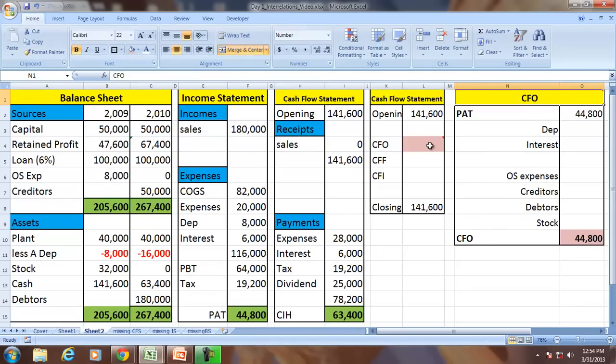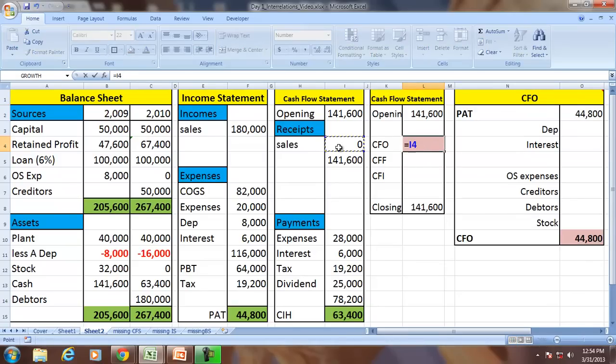In other words, we will try to prepare CFO using the direct method and also prepare CFO by using the indirect method. CFO by using the direct method shows the cash inflows from operating minus the cash outflows from operating. So in this case, expenses minus the tax is the CFO, minus 47,200.